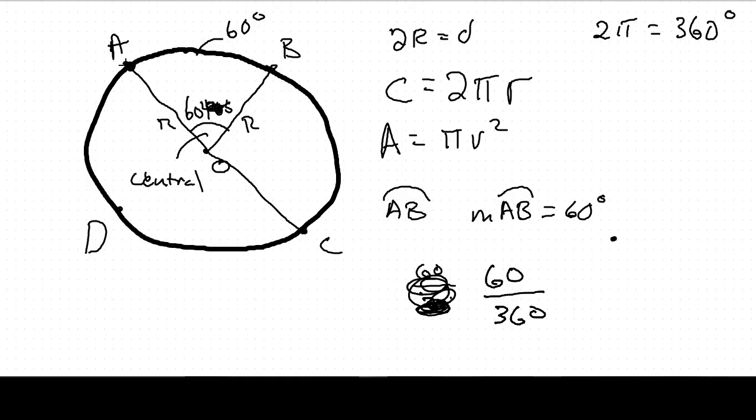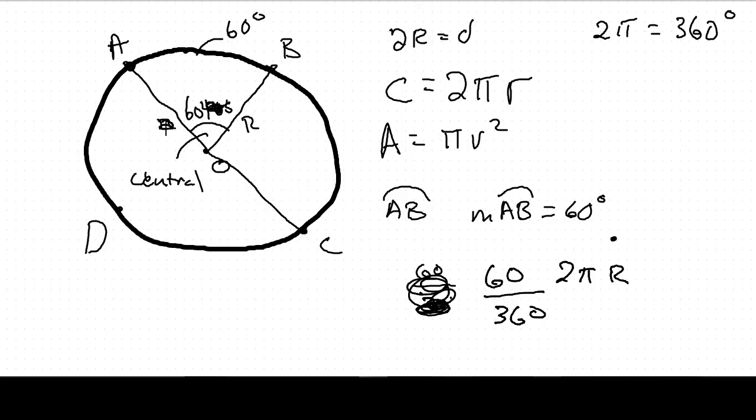Because how many degrees are in a circle total? 360. And how many degrees am I taking? Just 60. So you actually divide those two with one another. And then if I want to figure out what this arc length is, I just multiply by the circumference. So you would do 2 pi times r. And that's going to give me what that arc length would be.